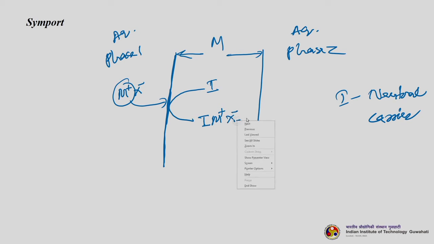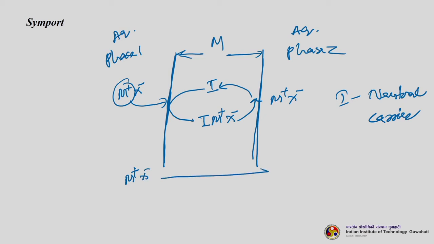Now, once it reaches the opposite side of the membrane, the phase 2 interface, it will release the salt M plus X minus and the I is getting renewed. Okay. So, M plus and X minus are both getting transported in the same direction, whereas I is binding only to the cation.